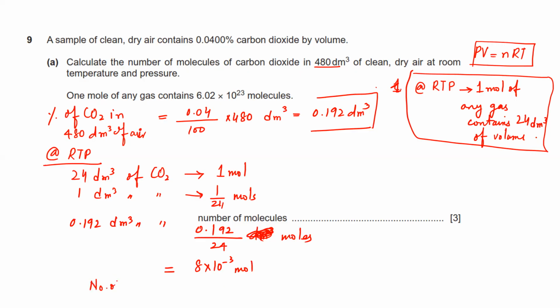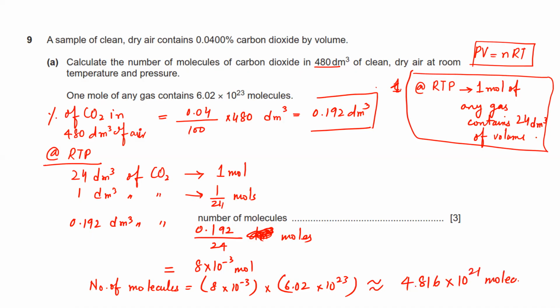So the number of molecules is equal to moles multiplied by Avogadro number, 6.02 into 10 to the power 23. Multiplying it comes out to 4.816 into 10 to the power 21 molecules. So my answer, the number of molecules, will be 4.816 into 10 to the power 21. This is how you solve this question.